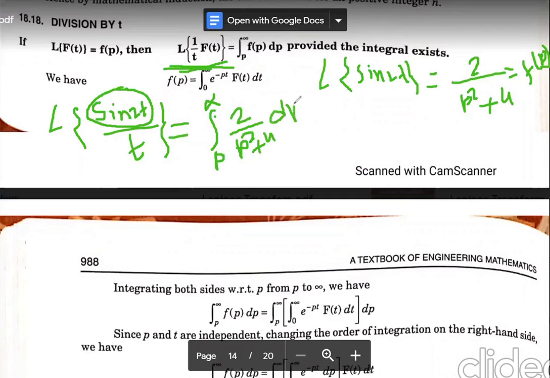Now you know the integration. Just simply integrate it and put the limit, and you will get the result, you will get the Laplace transform. That's very simple. Just simple integration, put the limit of integration, and you will get the result.